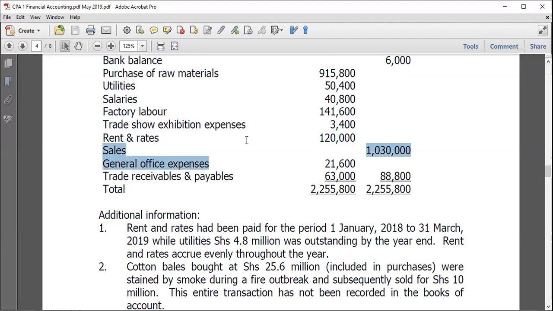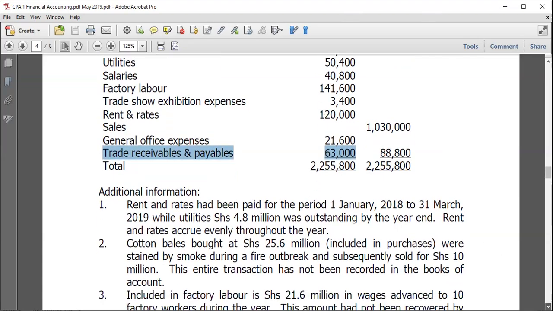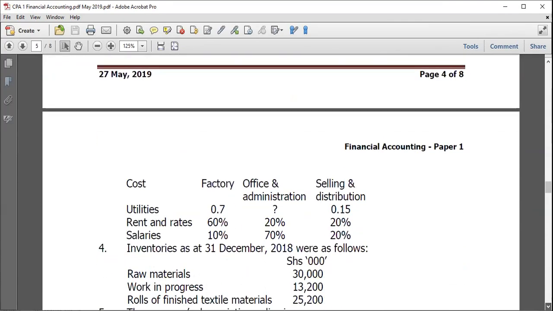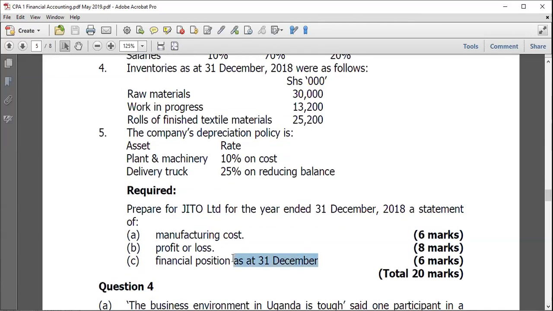And then we have our sales. These sales definitely go to our P&L directly. Then we have general office expenses right there. This, unless advised otherwise, goes to our P&L. Then we have trade receivables and trade payables. Definitely this will go to our statement of financial position, just in case it has been asked, which is right here.